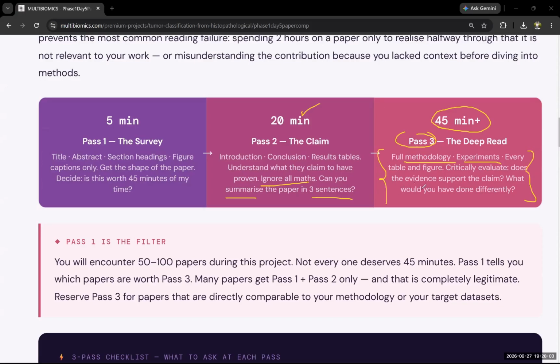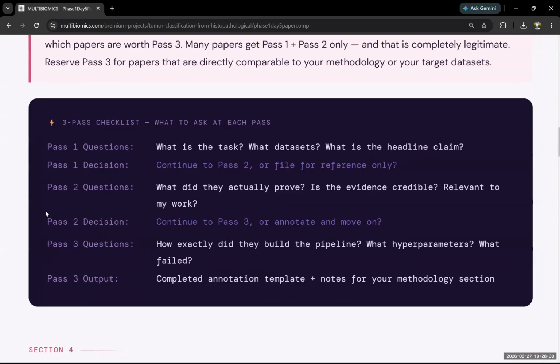Suppose a paper you were not able to understand after spending 1 to 2 hours. You will have rejected many papers too, right? So you have saved much of the time, and for each paper you're giving only 45 minutes, and you will understand most of the things. So this is the way you have to proceed.